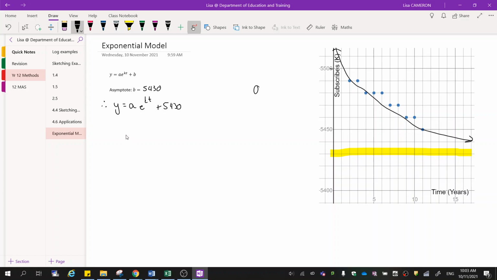5,430. Next thing we're going to do is solve for another coordinate by using our initial values. So let t equal 0, and we're going to estimate what y is from our graph. If I follow this trend, I'm going to say that our initial value, when t is at 0, the trend of this line will be roughly about 5,510.